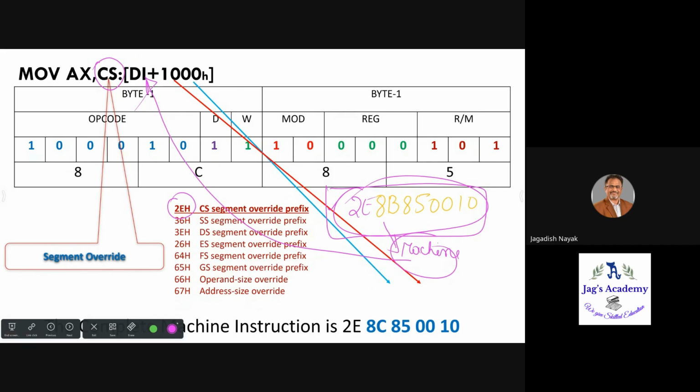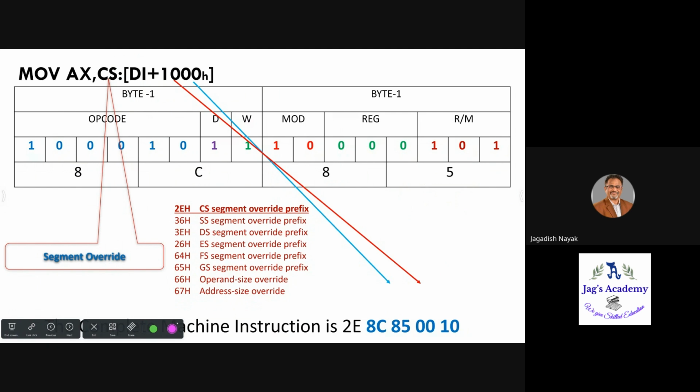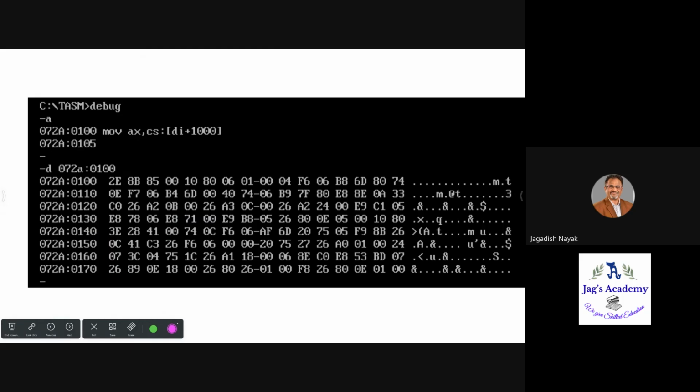Now you almost know how to convert your assembly instruction to the machine instruction. I will give some more problems to you. More practice will make you perfect. So let us go for some more. This is the way data is stored.